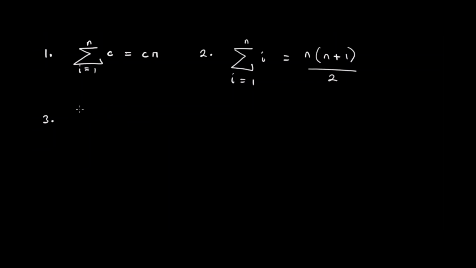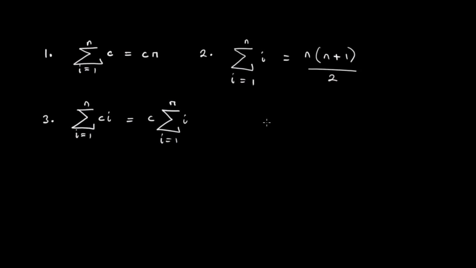As for number 3, we learned that the summation of ci from I equals 1 up to n is equal to c times the summation from I equals 1 up to n. So this is not a formula per se, but it's a relationship which we learned.